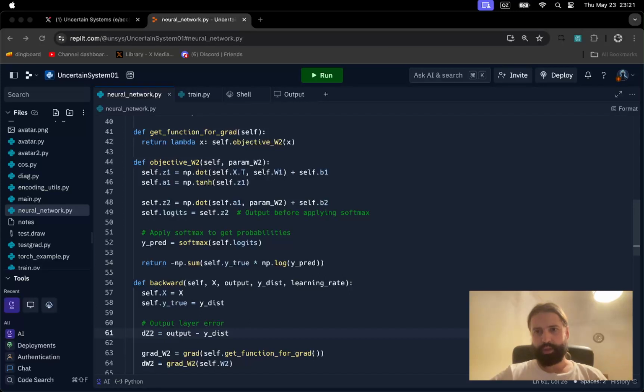So I had this other idea, literally one second before I hit the start recording button. Why does the objective function need to actually include the whole forward pass?